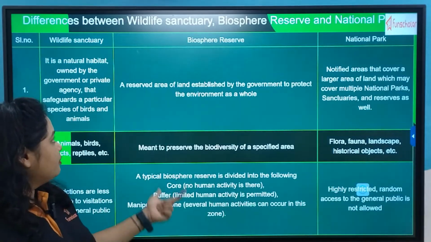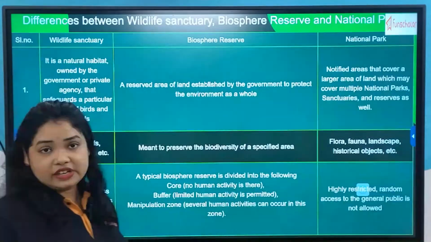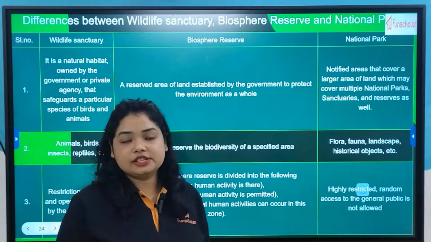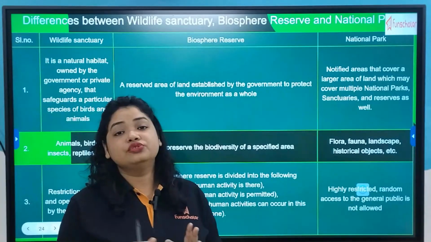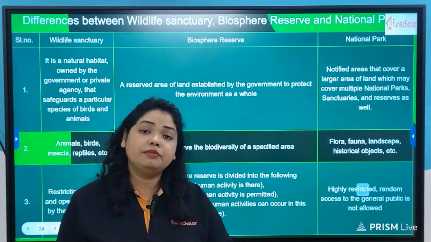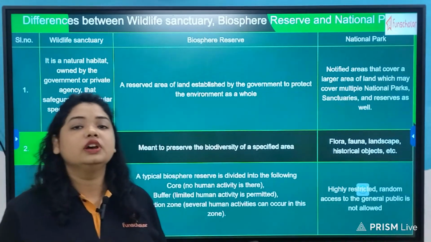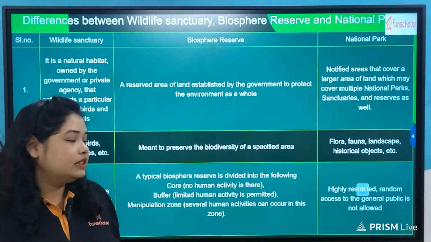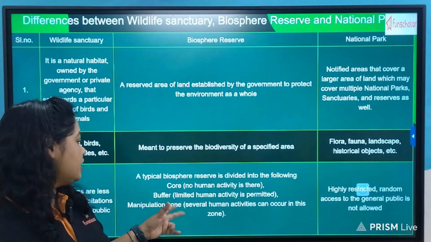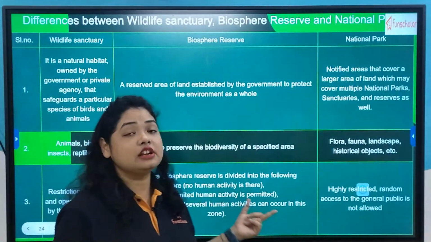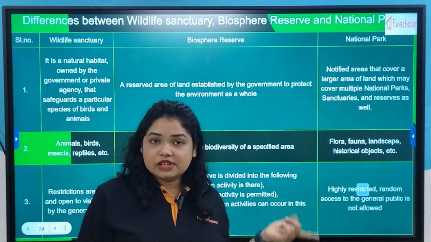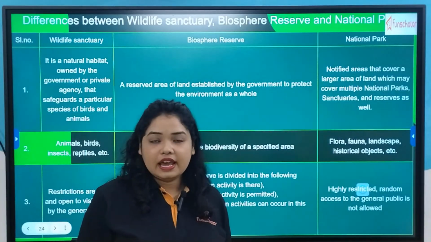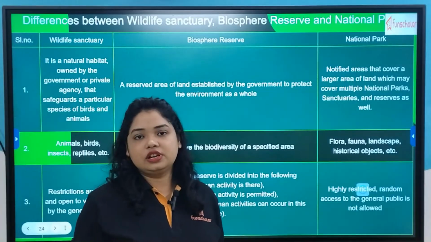And then in a biosphere reserve, the unique feature is the division of this protected area into three main areas, that is the core zone, buffer zone and transition zone. And according to the zone, the activities are allowed. For example, in the core zone, no human activity is allowed, only the animals can roam about freely as in their natural habitat.